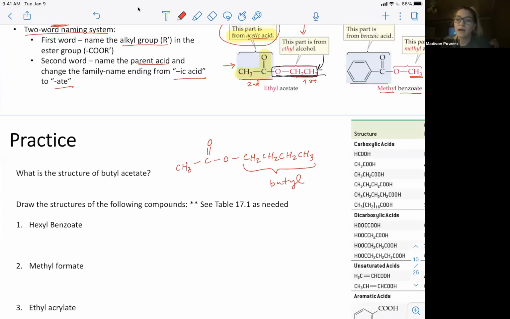Would it matter which side you drew your butyl group on? Mm-hmm. Okay. It has to be on the other side of this oxygen. So if you try to draw the butyl over here, that's butyric acid. So that would be when I read butyl first, like that's the first thing I drew.